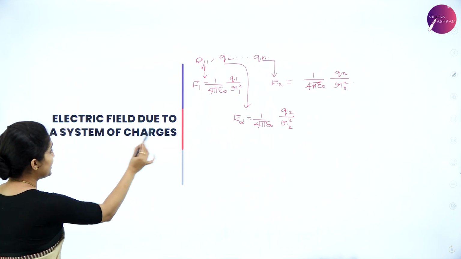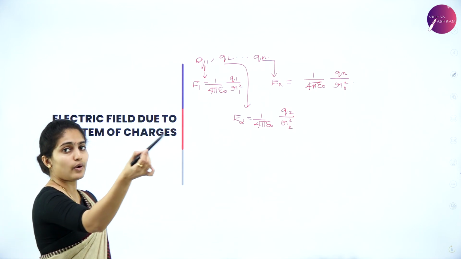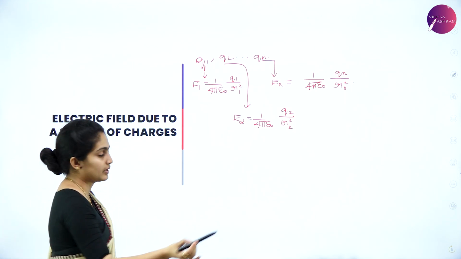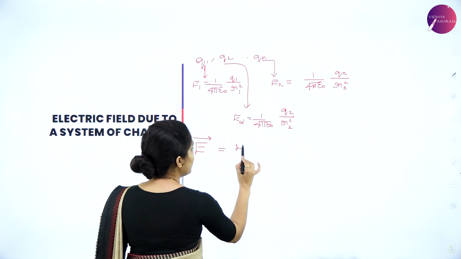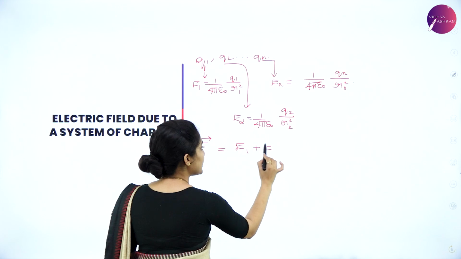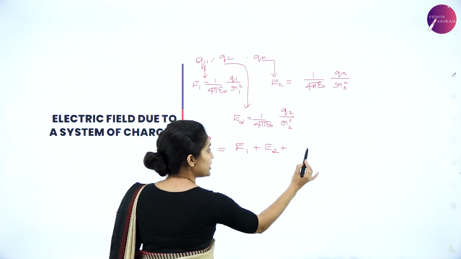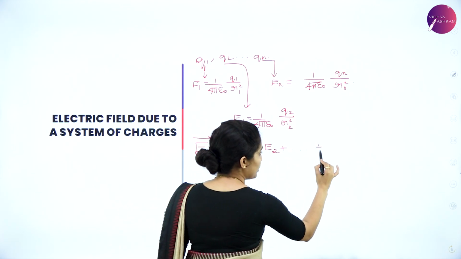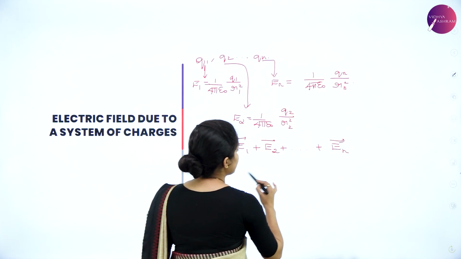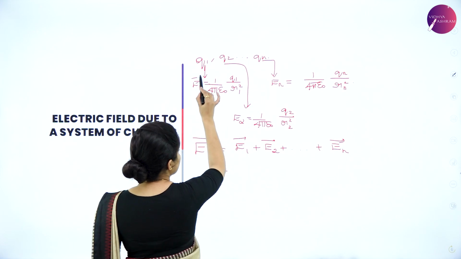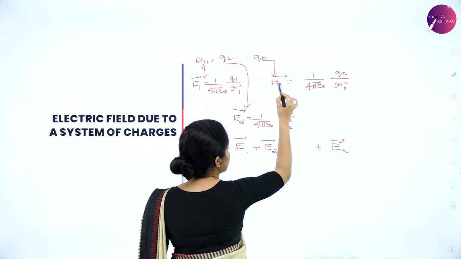So electric field due to system of the charges, we have to add everything. We have to sum it up. So capital letter E, summation, is equal to E1 plus E2, three dots which show continuity, and En. All these are vector quantities. So how do you write this? This is all vector quantities.